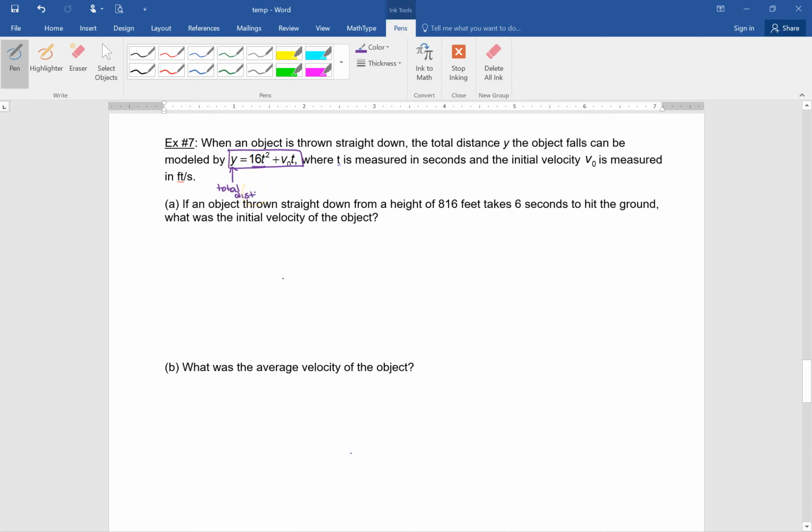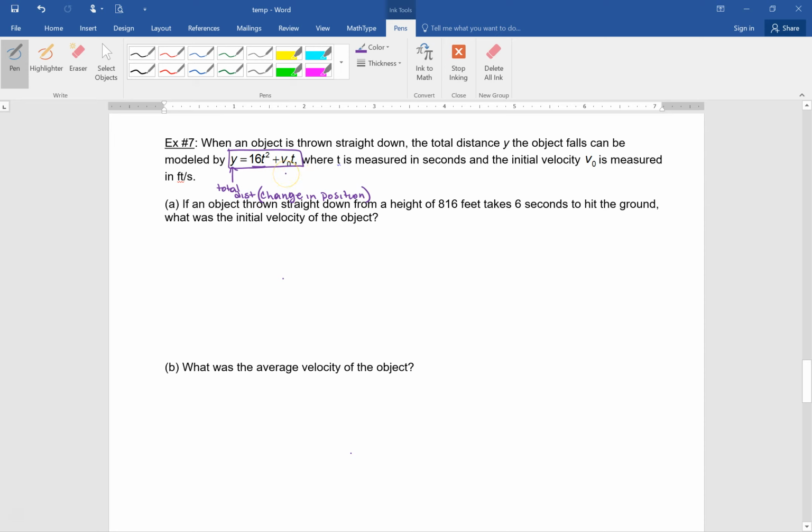You can also say it's the change in the distance, the change in the position. Wait, so it's trying to model not only gravity, but how far you threw it? Okay, and it's equal to 16t squared plus v naught t.